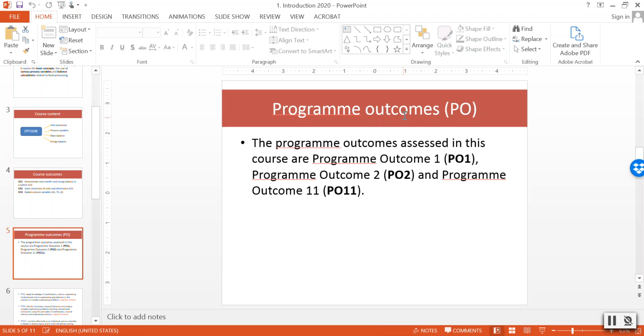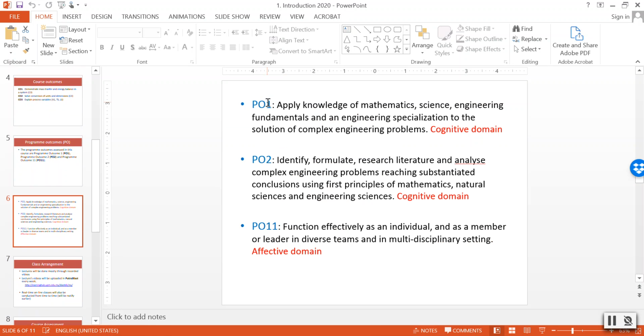In terms of the program outcomes, these are the outcomes that we are going to assess within this subject: program outcome number 1, number 2 and number 11. Program outcome number 1 is to apply knowledge of mathematics, science, engineering fundamentals and engineering specialization to the solution of complex engineering problems. So basically this is to apply mathematics, science and engineering theory to any kind of complex engineering problem.